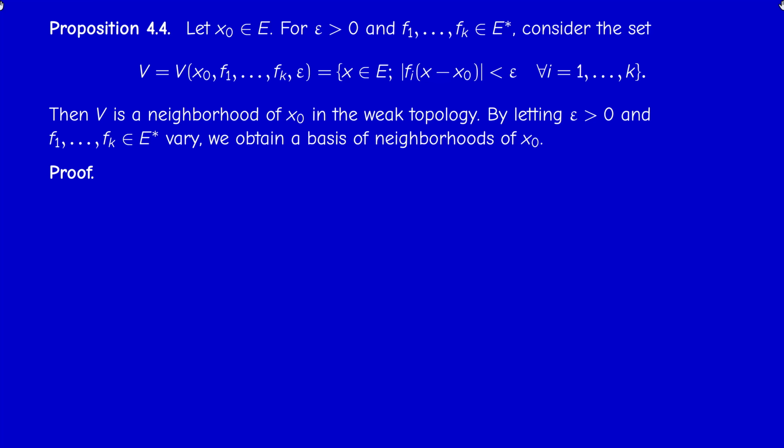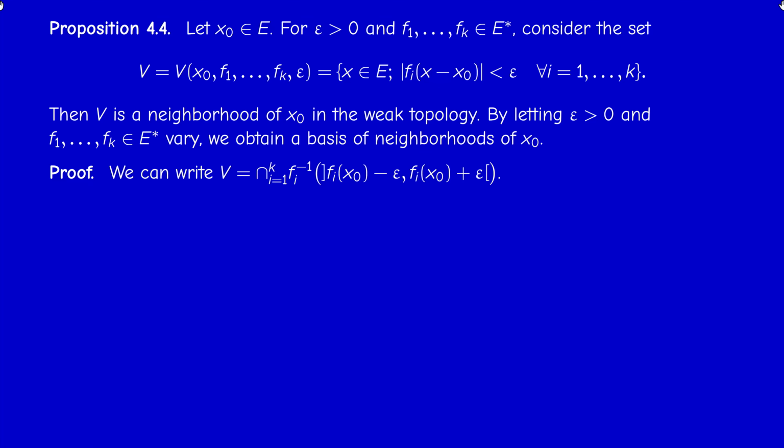The first result is easy because, as you observed, x is in V if fi of x, for every i between 1 and k, is between fi of x0 minus epsilon and fi of x0 plus epsilon. So x is in the inverse image under fi of this open interval.